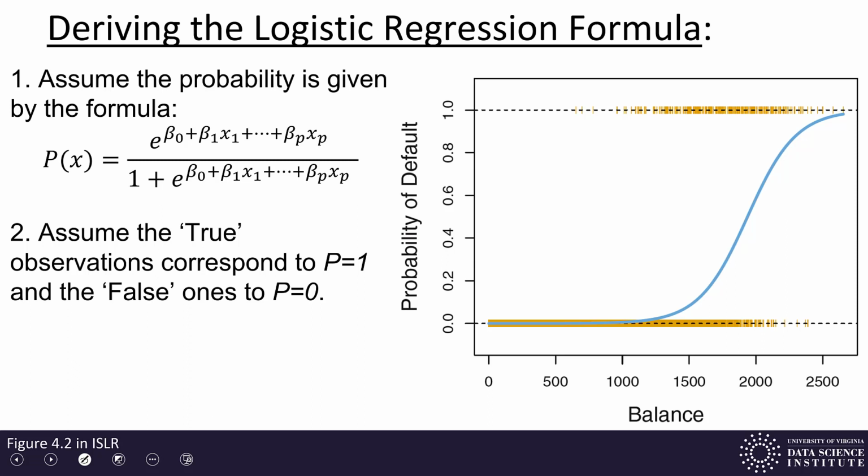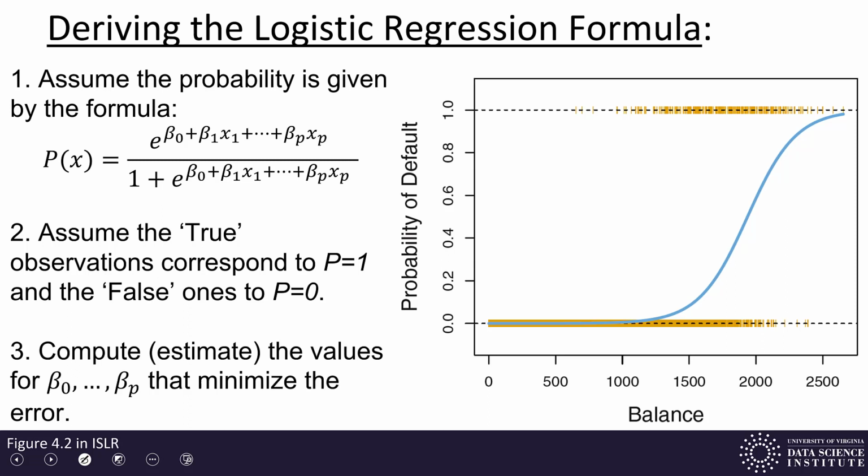Often true means, in medical fields, a disease occurs, and false means it does not occur. So there are a lot of common applications of logistic regression where we want to say, does something occur? That's why we often think of these as true. Then we estimate the values for the betas that minimize the error.